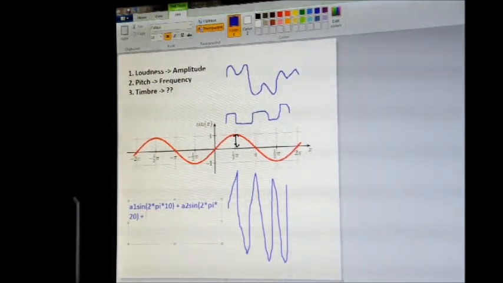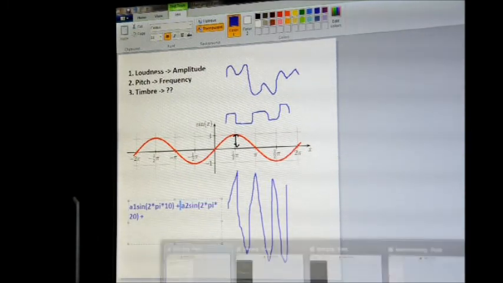So you would have a 30 Hertz term, a 40 Hertz term. What I'm trying to say is, there are sines. There is a 10 Hertz component, and this is a 20 Hertz component. The 10 Hertz component has an amplitude of A1, and the 20 Hertz component has an amplitude of A2.